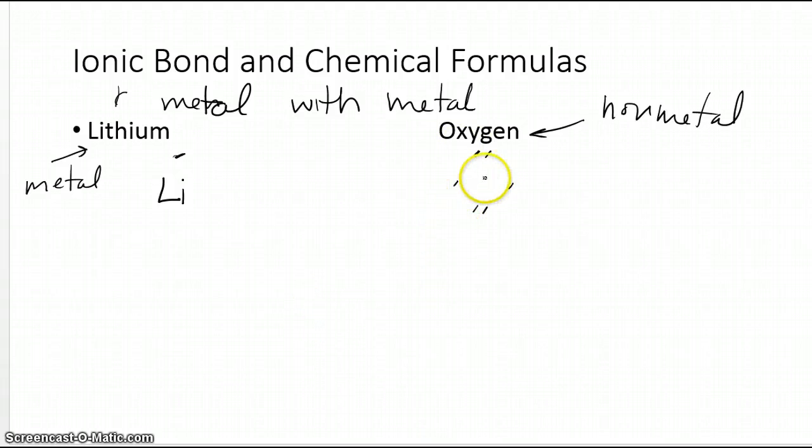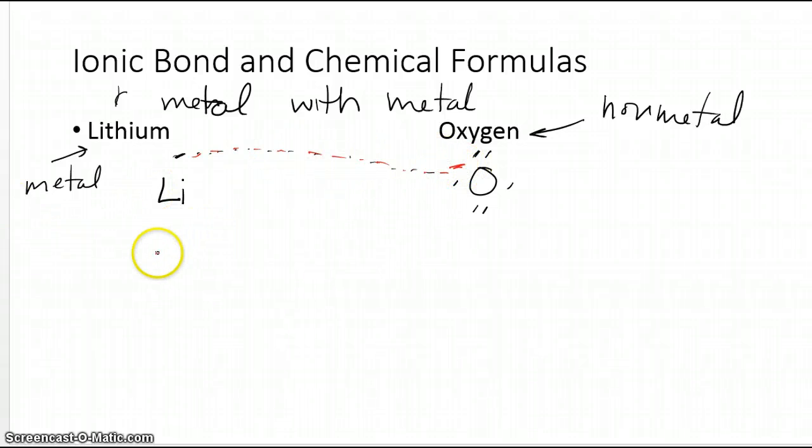So what can happen in order to get that noble gas envy is that the lithium can move its electron, let me use a different color pen, can move its electron to oxygen and actually give it away. So it loses its electron.